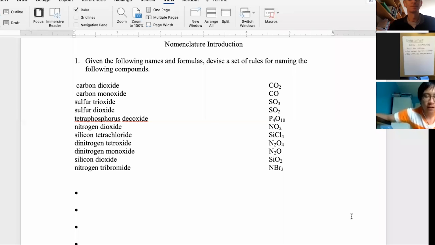You can see with the first element that if there's only one of them, then you just write down the element name. But if there's more than one, like for example, tetraphosphorus dioxide, there's 4 of them, and we use the prefix tetra for 4. Okay.